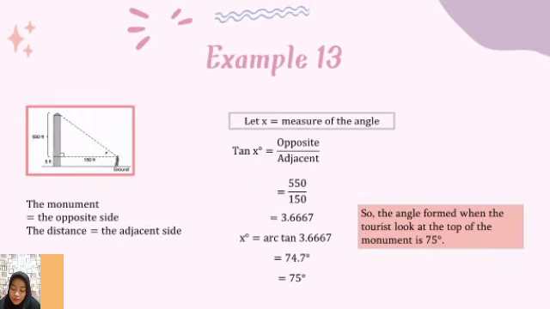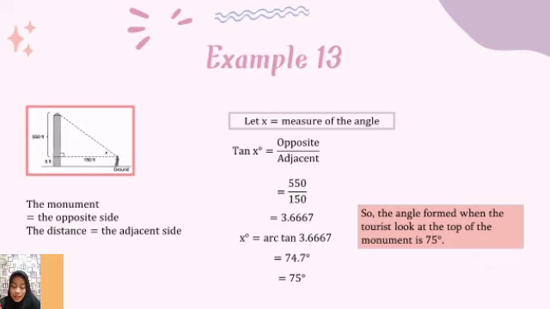Let's see the picture to understand the situation. The monument's height equals the opposite side, and the distance equals the adjacent side. Let x equal the measure of the angle.